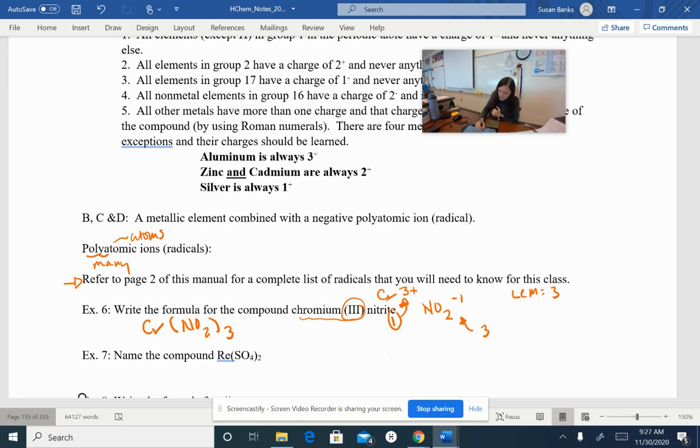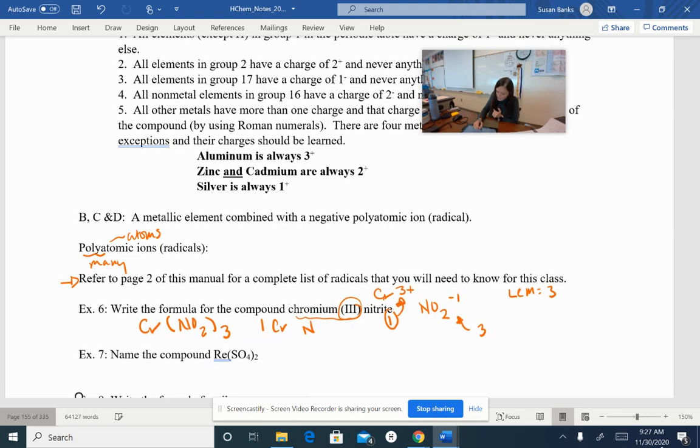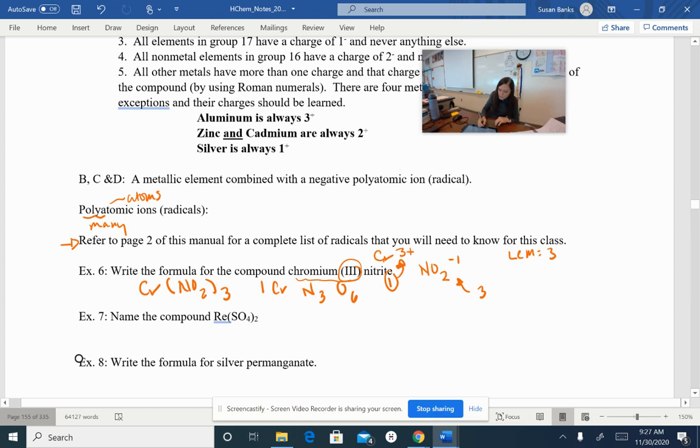So I have 1 chromium, 3 times 1 for the nitrogen, which gives me 3 nitrogens, and 2 times 3, which gives me 6 oxygens. So that 3 multiplies everything in that parenthesis. Okay, so chromium 3 nitrite, this would be our formula right here.